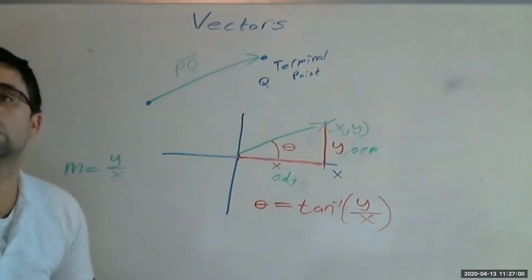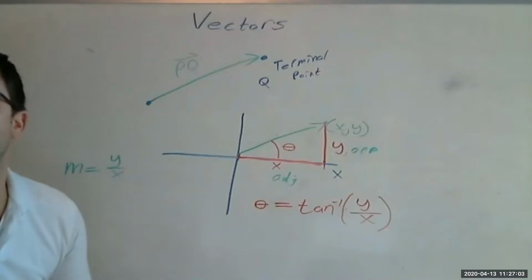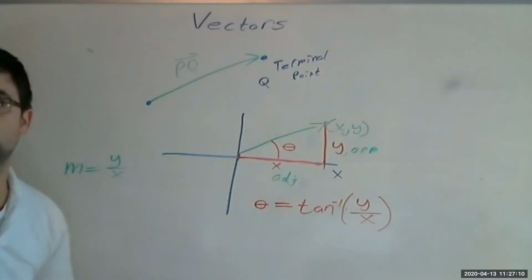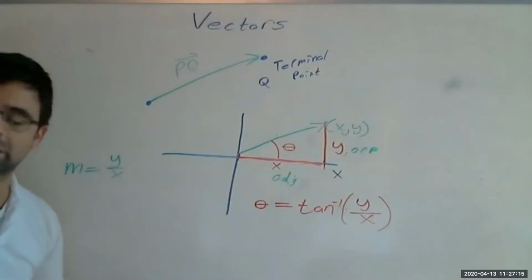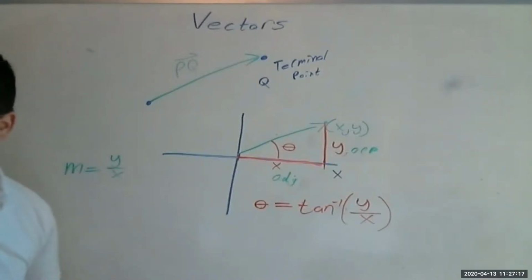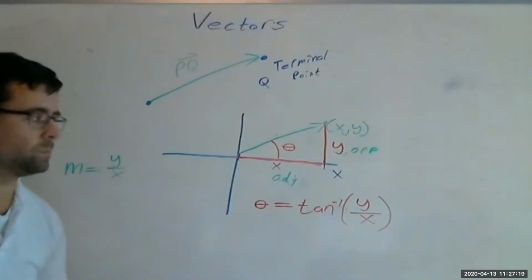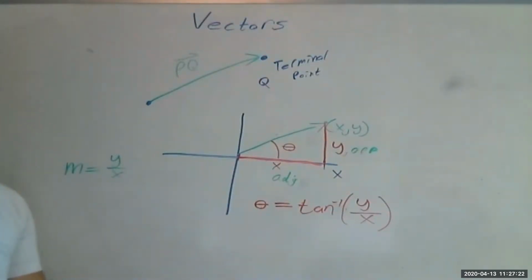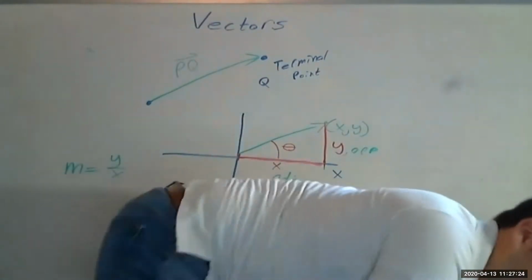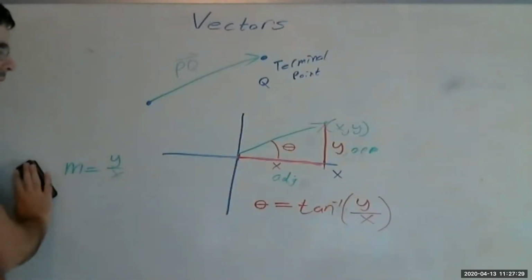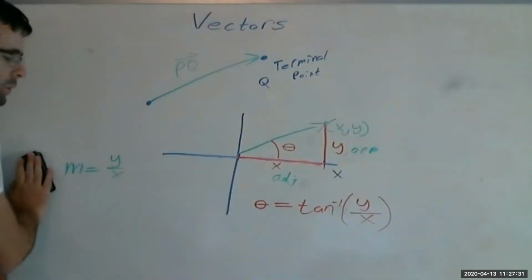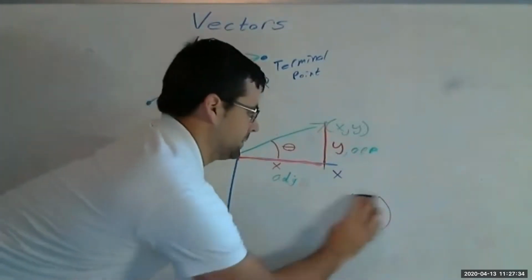Okay. So we've got vectors, and they have a magnitude, which is a length, and they have a direction. There's a slightly different way of talking about it.